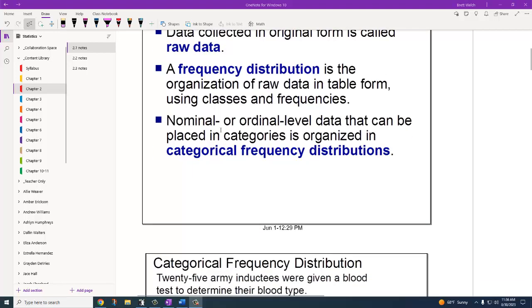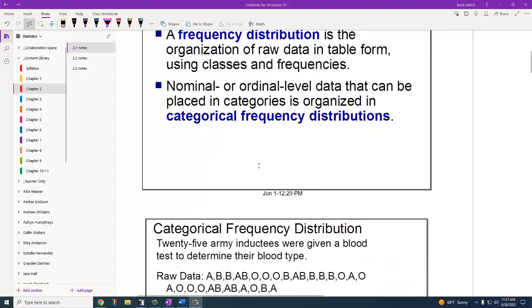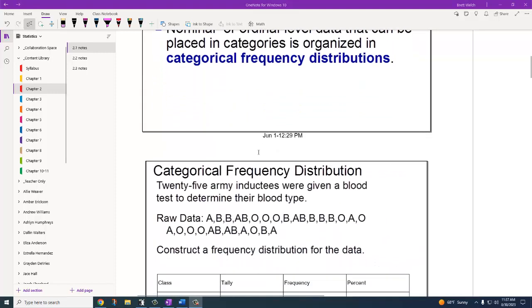If it's nominal and ordinal, something that doesn't have a scale, nominal and ordinal, remember, are things that can't be ranked or things that can be ranked but don't have a scale like what an inch is or degree of Fahrenheit. Those are things that have specific measurements that allow us to use a different type of table.